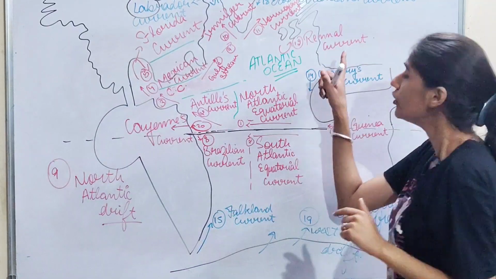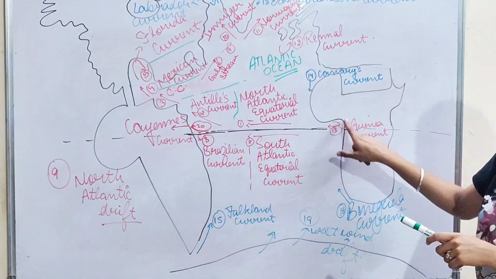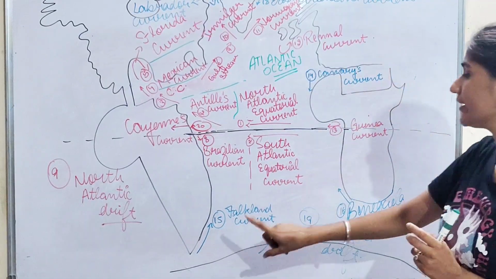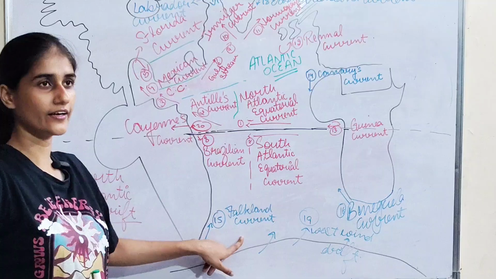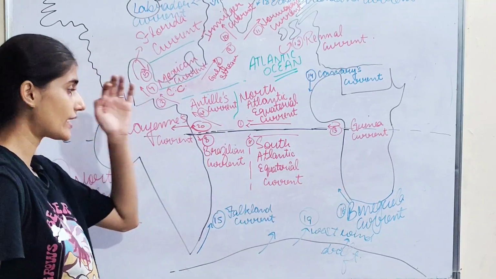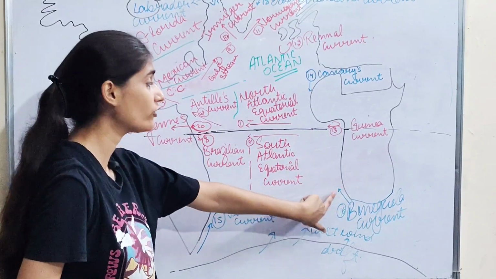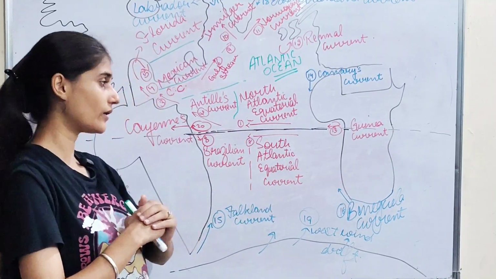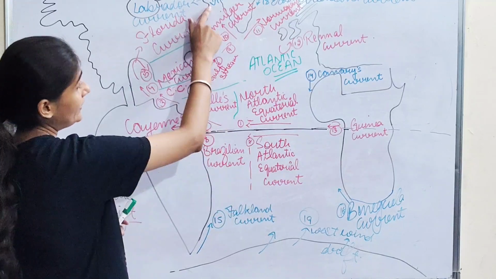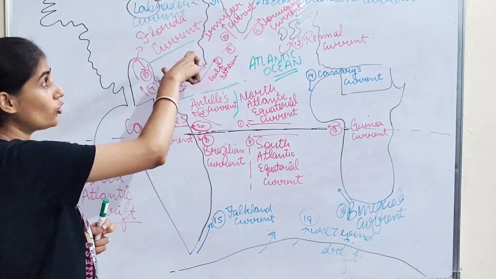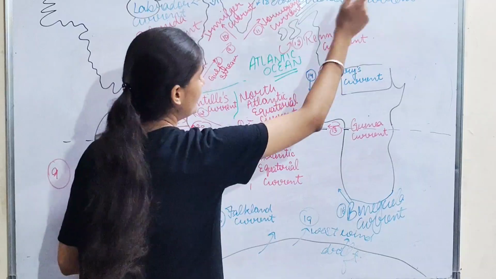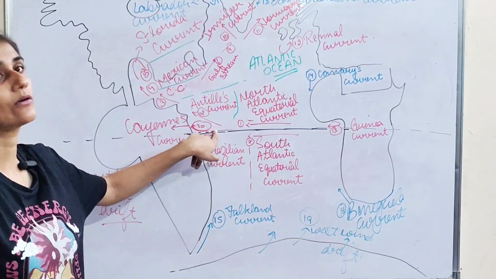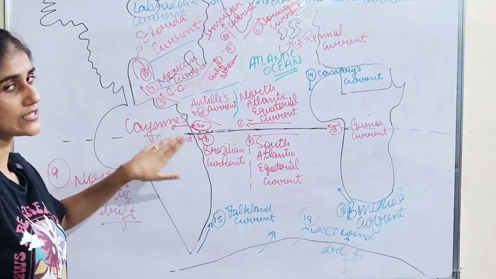The 12th is the Rennell Current and the 13th is here, the Guinea Current. 14th is a cold current, the Canaries Current. 15th is the Falkland Current, which comes from below South America. 16 is the Venezuela Current, because of which we get the Namib Desert here. In the last lecture we covered this concept. 17th is the Labrador Current, again a cold current. 18th is the East Greenland Current. 19th is the West Wind Drift, which comes from the southern side. And the 20th is a warm current again, named Keen's Current.